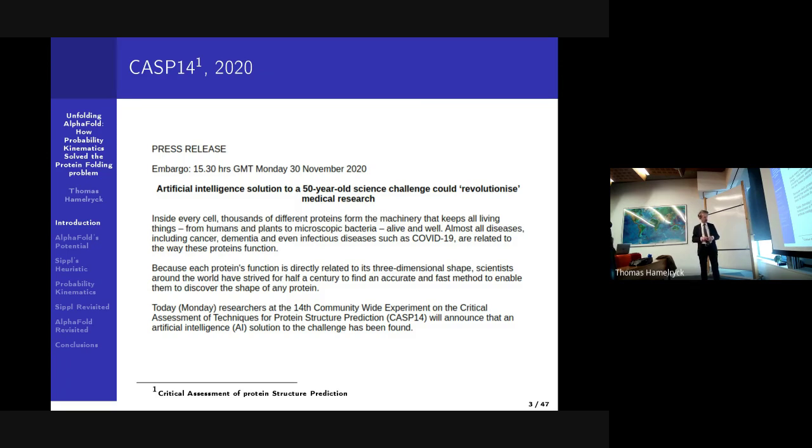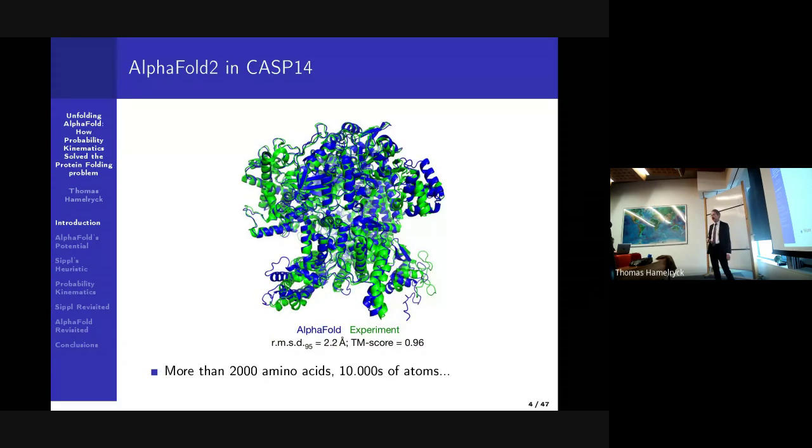More specifically, they write that today, on a Monday, the researchers at the 14th community-wide experiment on the critical assessment of techniques for protein structure prediction, that's CASP 14, will announce that an artificial intelligence solution to the challenge has been found. And that, of course, is AlphaFold 2 by DeepMind.